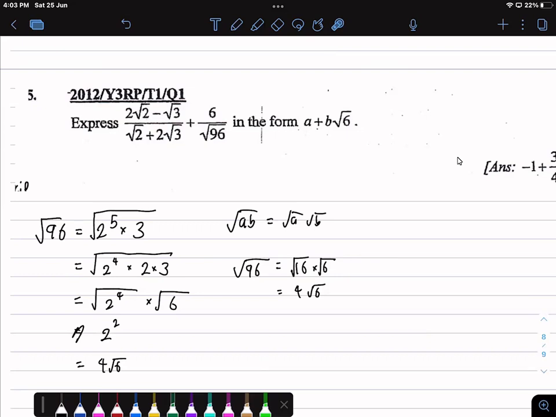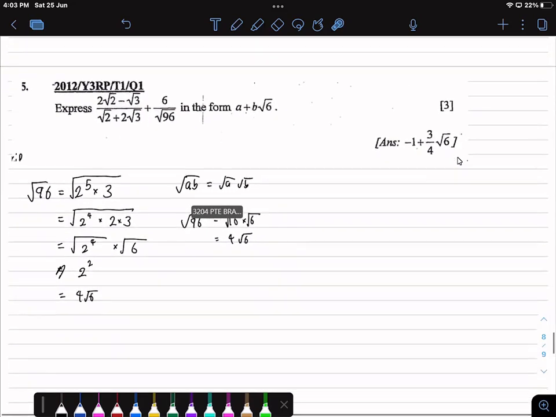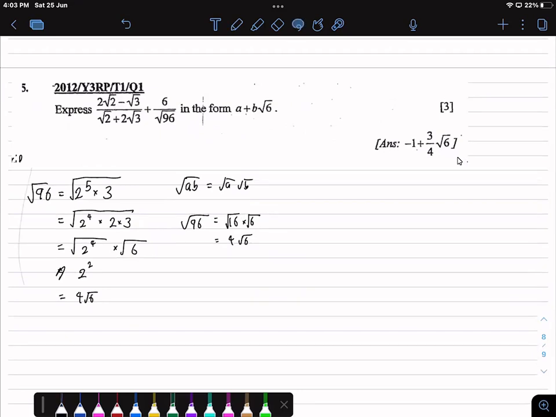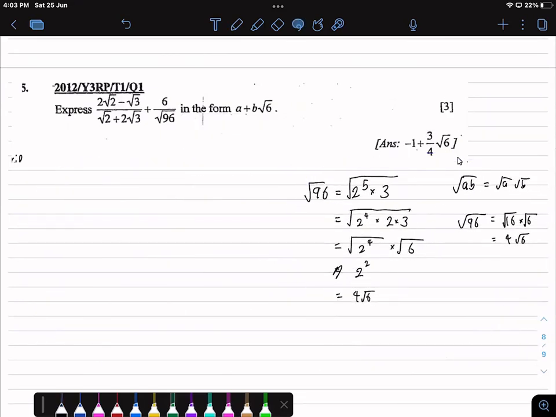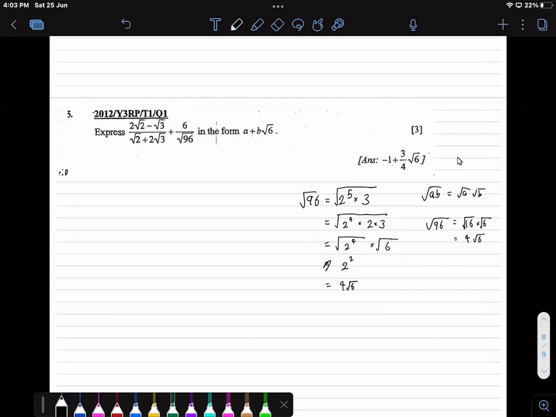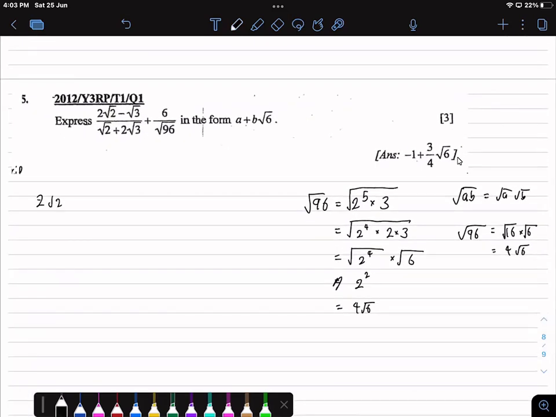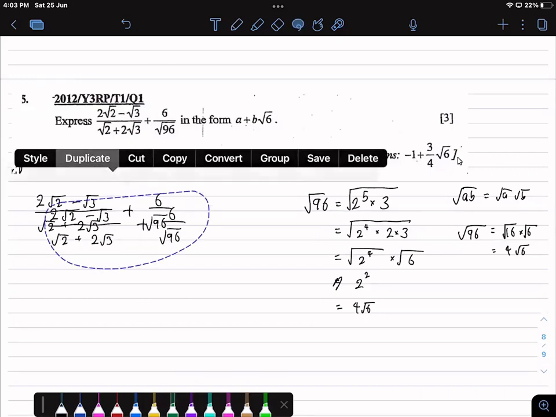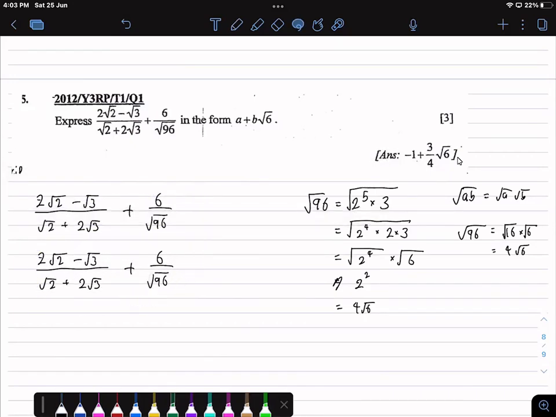Okay, with that in mind, we can continue with the question. So copy the question first. We can replace the denominator square root 96 with what we just found. So copy the whole thing, replace the denominator with 4 root 6.